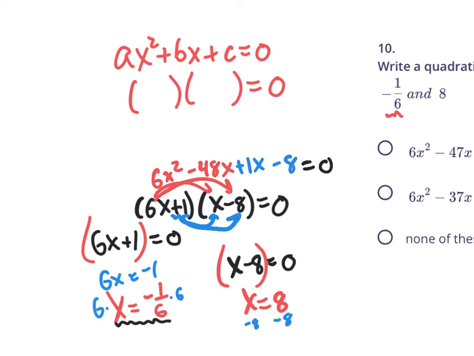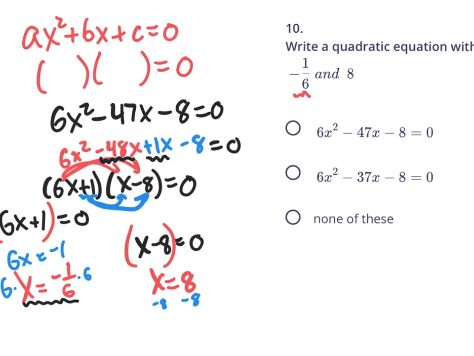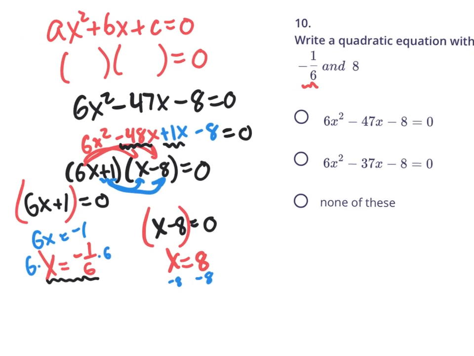All we have to do is combine the like terms here, the -48x plus 1x, giving us a final quadratic trinomial in standard form of 6x squared minus 47x minus 8 equals 0. So the question was, let's scroll over so you can see that question. The question was to write a quadratic equation with those solutions.